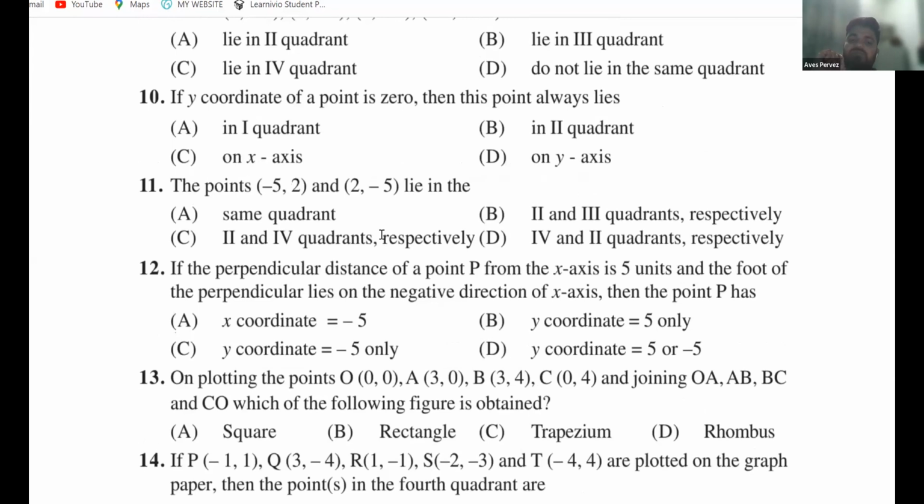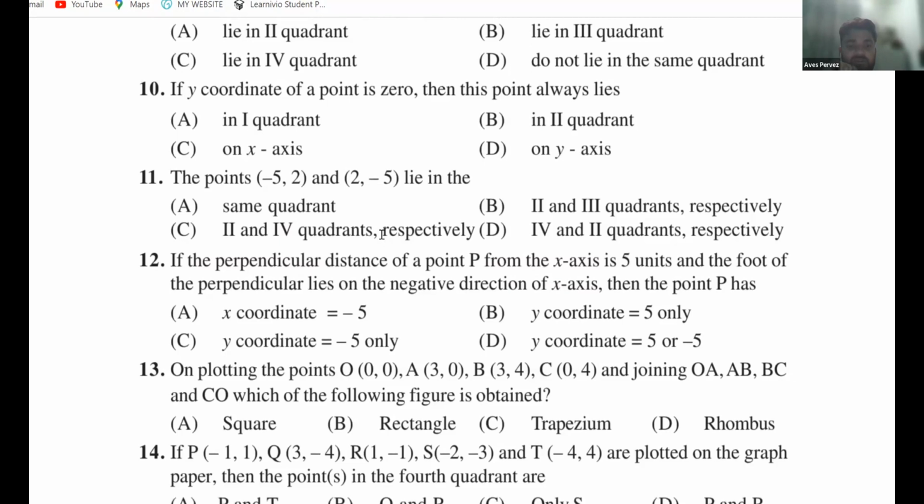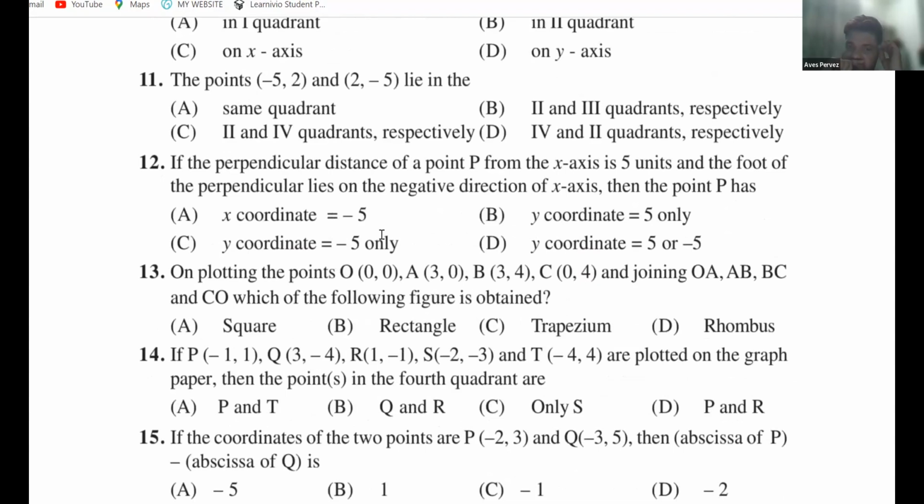It's second and fourth. Yes, the first will lie in the second quadrant and this will lie in the fourth quadrant. Okay, question number 12.